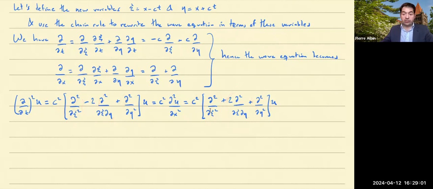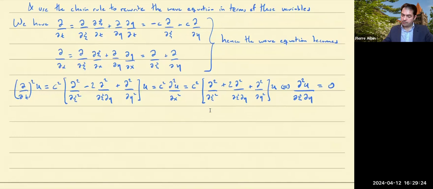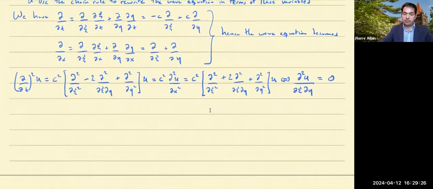So if I put those all on the same side, I would end up with 4 times c squared times the mixed partials, all of that applied to u, equal to 0. So that's the same as just having the second derivative of u with respect to xi and eta is equal to 0.